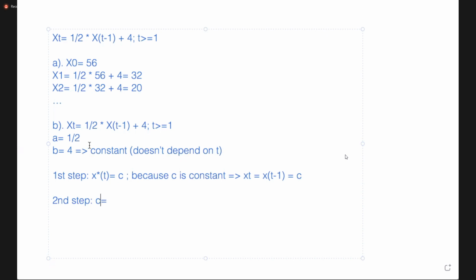Therefore, I'm going to write x of t, which will become c, is going to be equal to 1 divided by 2 multiplied by x of t minus 1, which is also equal to c, because c is a constant. It doesn't depend on t. Therefore, I'm going to have 1 divided by 2 multiplied by c, everything plus 4. And here I have to solve for c.